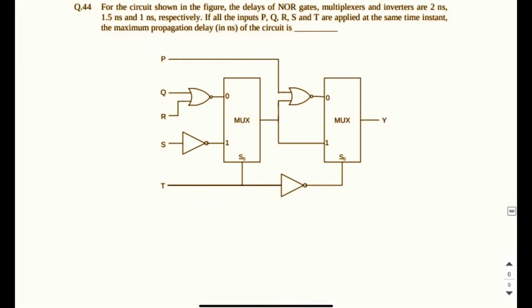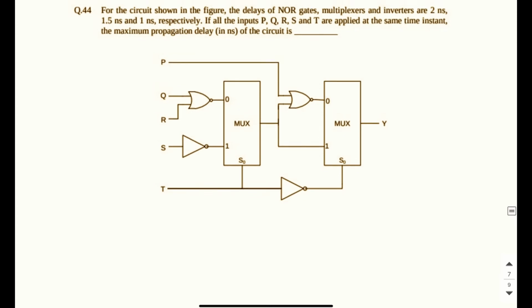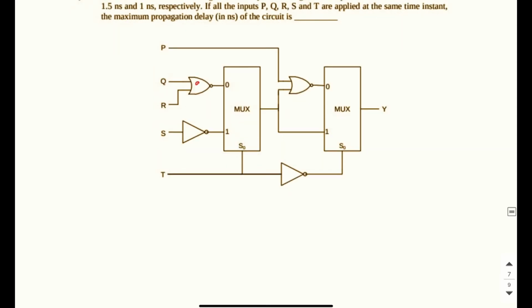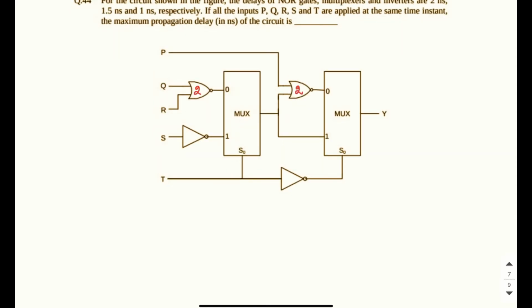Coming to the next question, we have for the circuit shown in the figure, the delays of the NOR gate, multiplexers and the inverters are 2 nanoseconds for the NOR gate, 1.5 for each of the multiplexers, and 1 nanosecond for the NOT gates. We have to determine what the maximum propagation delay for the circuit is.